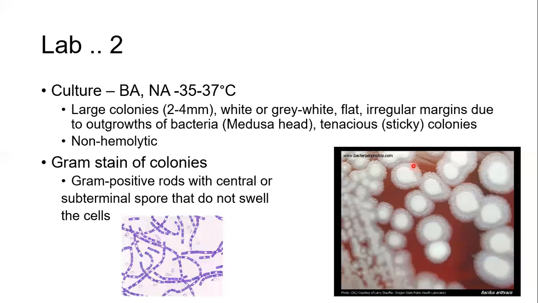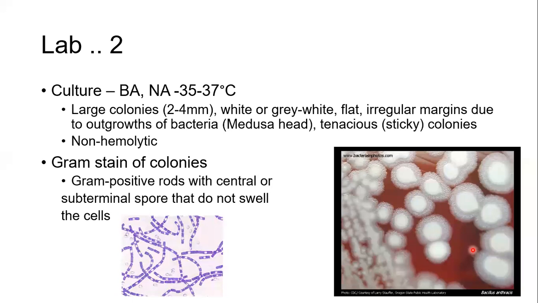What is unique about them is these irregular margins that are due to the bacteria growing outwards, and these are known as the medusa head. It's characteristic for Bacillus anthracis.